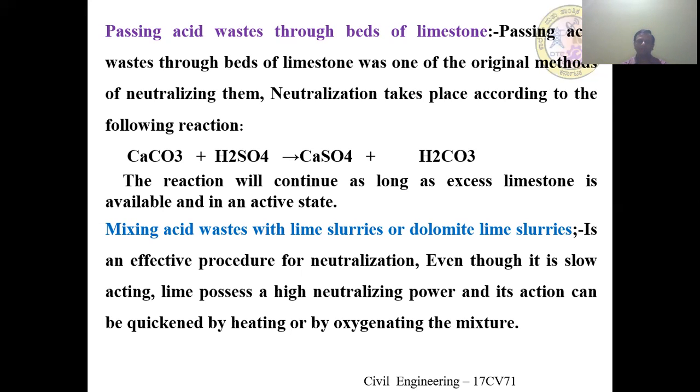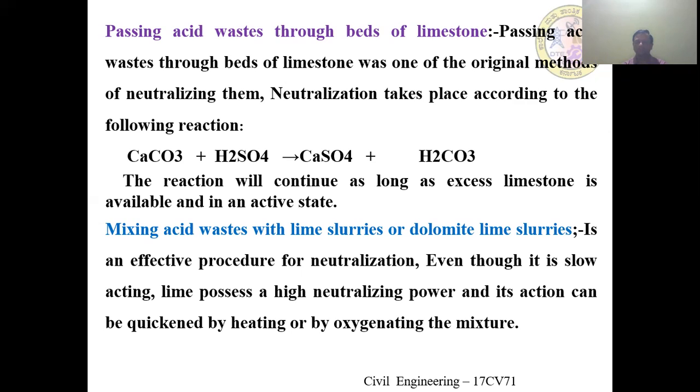In the second method, mixing acid waste with limestone slurries or dolomite lime slurries is an effective procedure for neutralization. Similar to the above method, even though it is slow acting, limestone possesses a high neutralizing power and its action can be quickened by heating or by oxygenating.